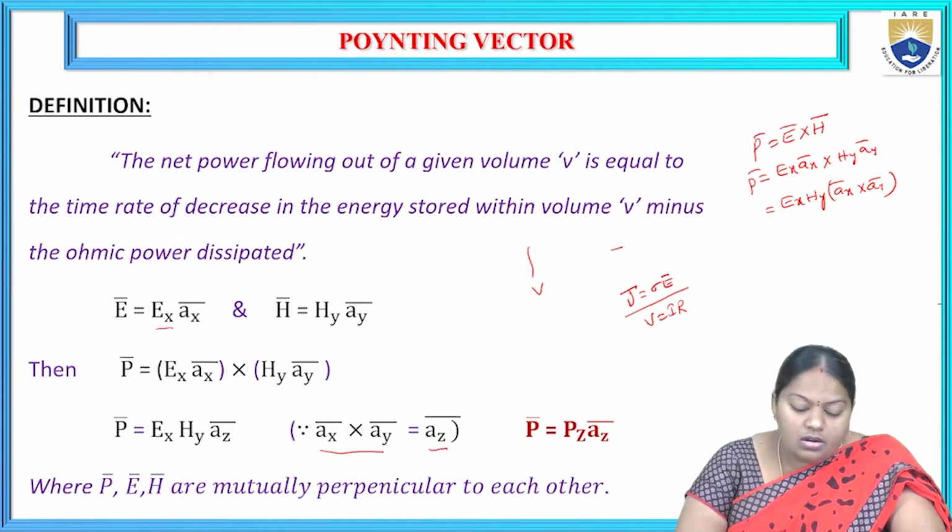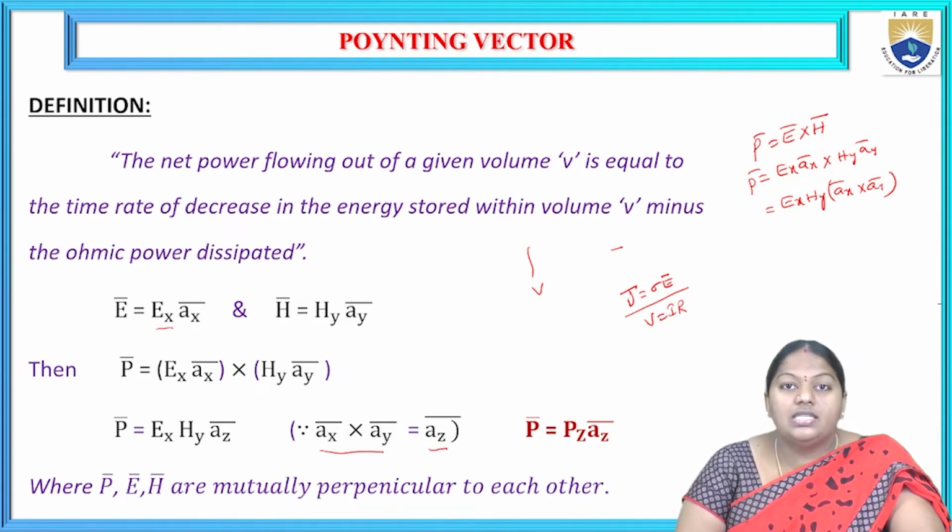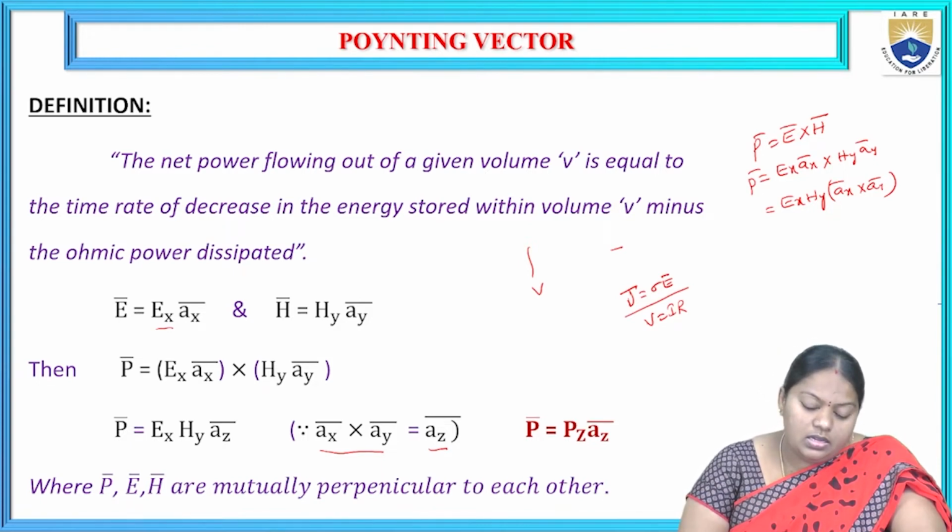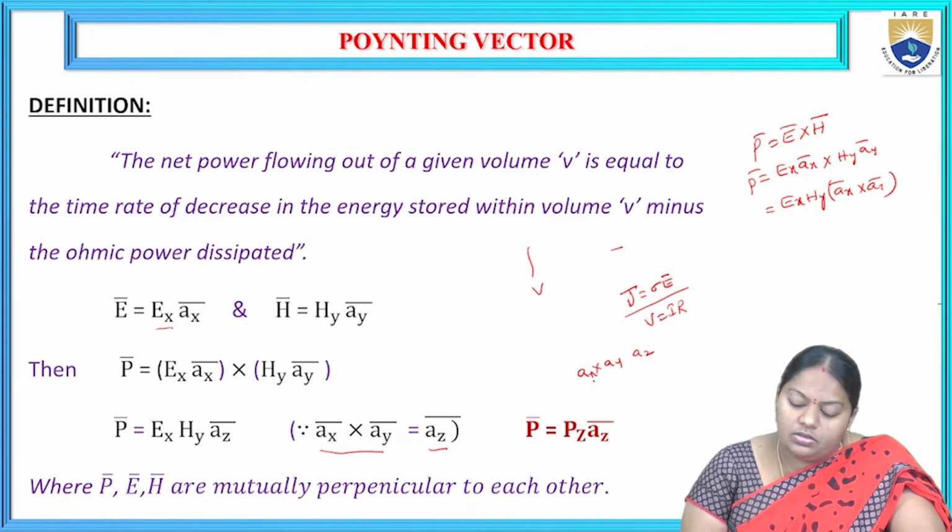Why? Because in the cross product of two adjacent unit vectors, the resultant will be the third one. Right? Suppose we are considering three unit vectors Ax, Ay, Az, so the cross product between two adjacent vectors x and y will be the third, z. Suppose we multiply these two in the opposite order, Ay into Ax, then it will be minus Az.